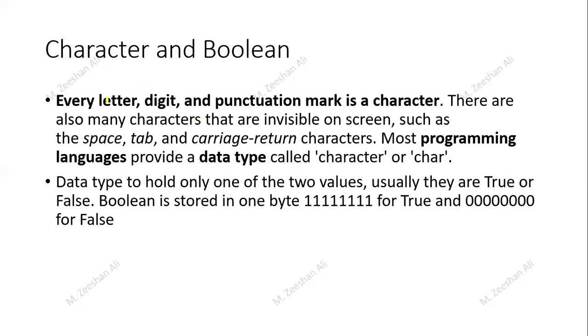The other data type, similar to it, is Boolean, but it can store only two different types of values. Either the value is true or false. If we store true, the whole byte is 1, it will be stored in the whole byte.